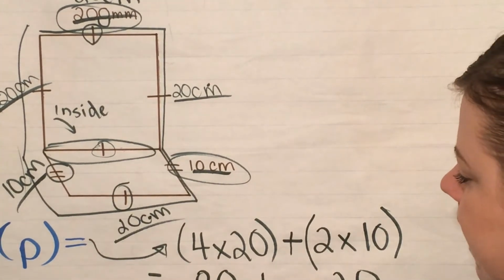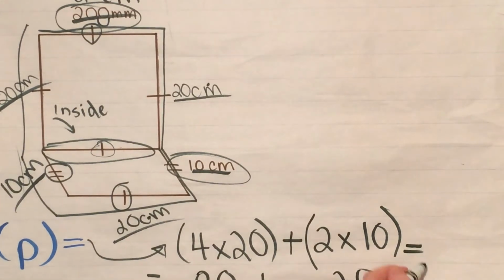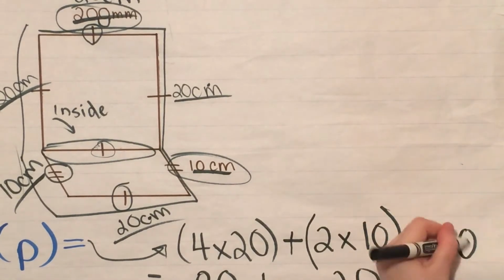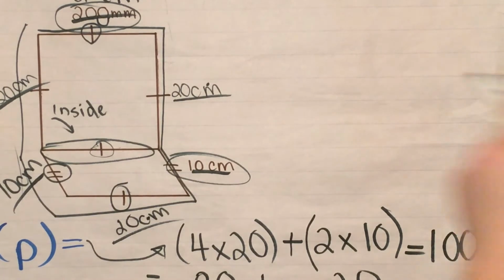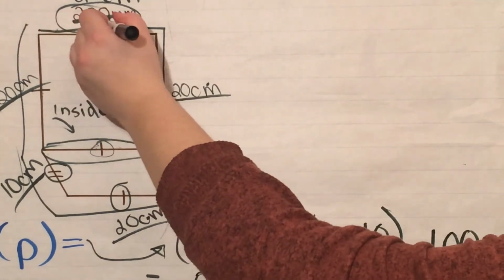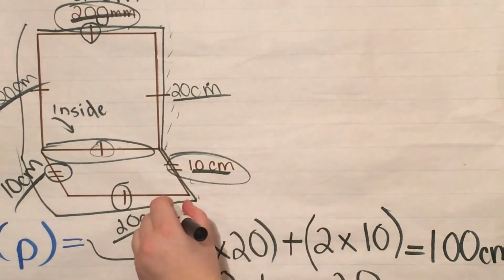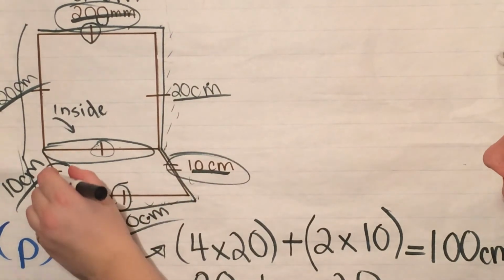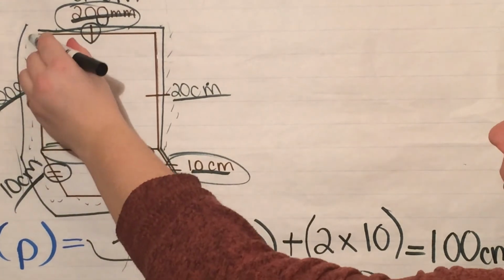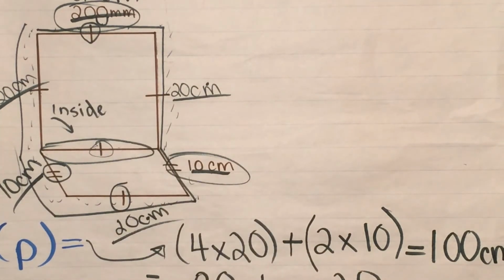So 80 plus 20 equals 100 centimeters. So around this entire shape, if you were to walk, or an ant were to walk, let's say, because for you to walk 100 centimeters is easy. But if an ant were to walk all the way around this shape following the line, he would have gone 100 centimeters.